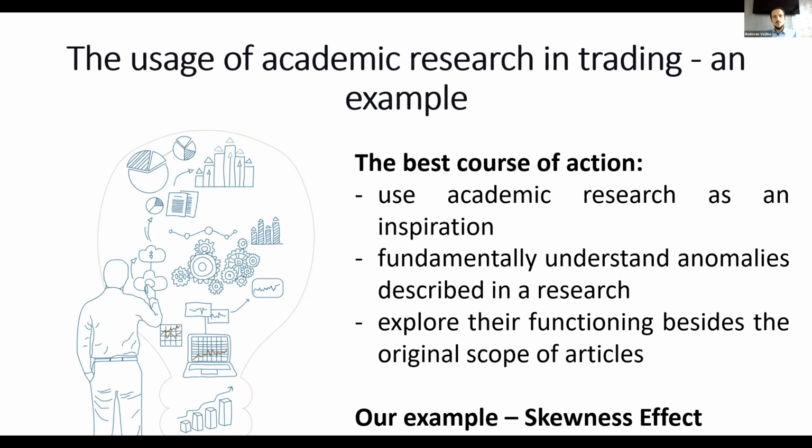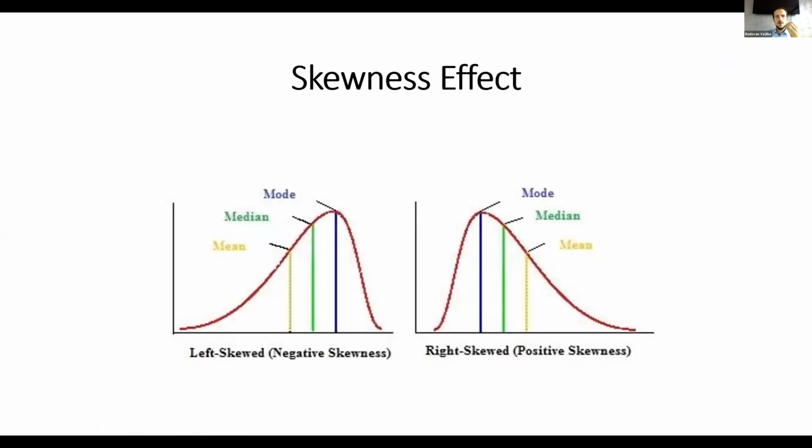The goal of the example is to explore the skewness effect. So what is skewness? The skewness effect is the tendency of assets with the lowest skewness, the negative skewness, to outperform assets with the highest skewness, the positive skewness. I will give you one example.